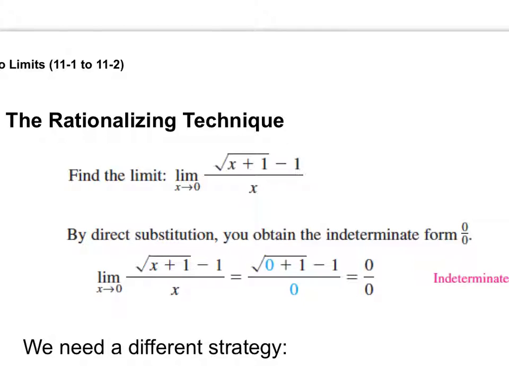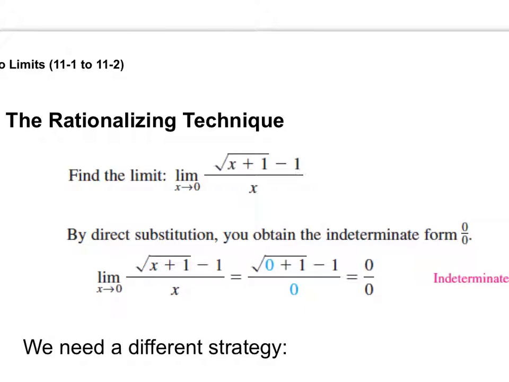If we try to plug in 0, we end up with 0 over 0. So again, we need a different strategy than just evaluating in order to get our limit here. Okay? So earlier in the year, when we had a radical in the denominator, we would multiply by a form of 1 to rationalize in order to get that radical out of the denominator.